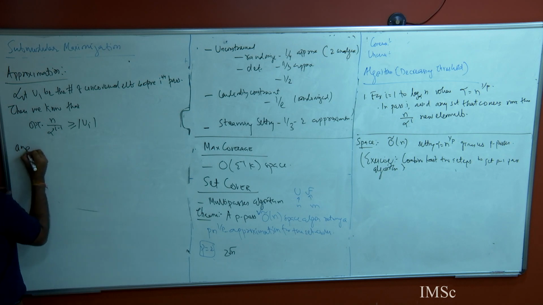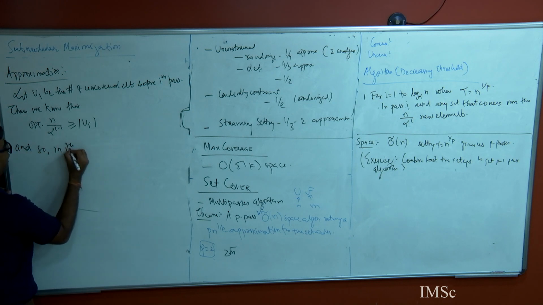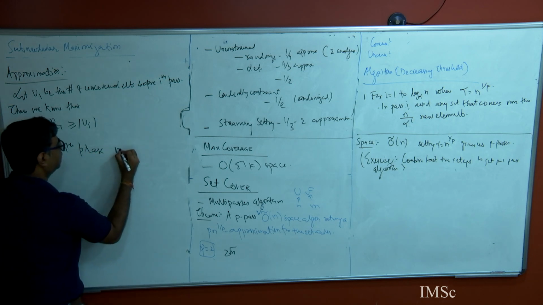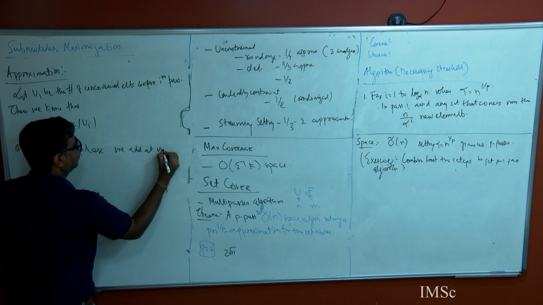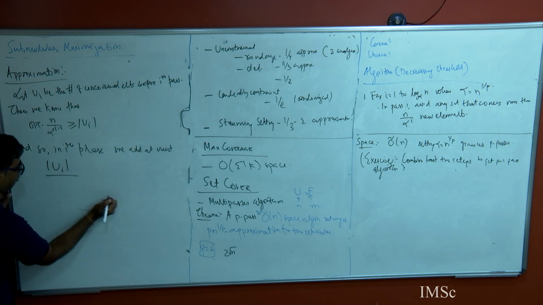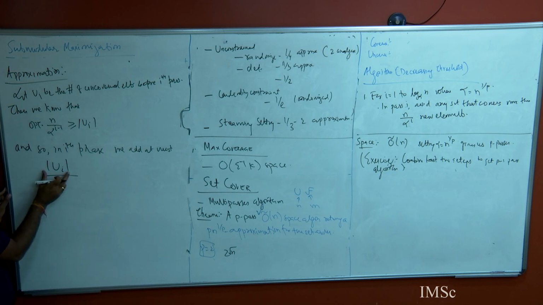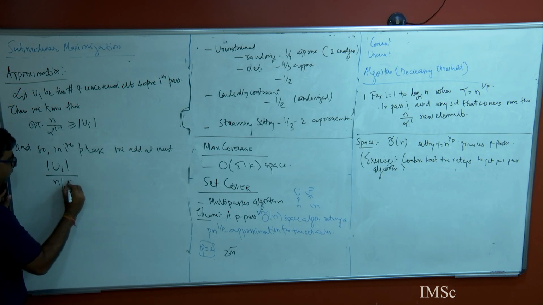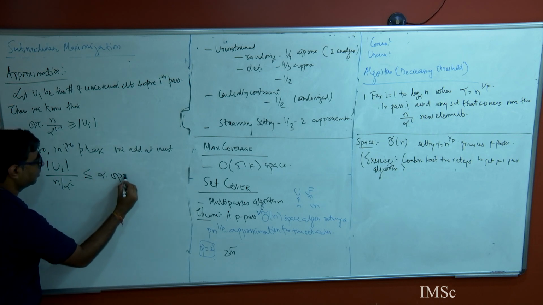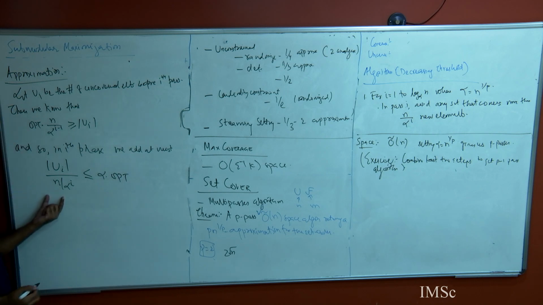And so in the ith phase, we add at most the magnitude of ui divided by n by alpha to the i, which is less than or equal to alpha times opt sets.